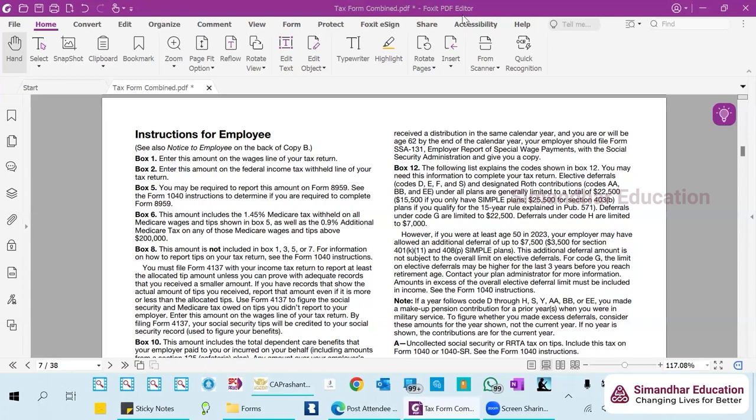Second, it will help you become a good practitioner. Let me tell you one simple thing. We are not here to just pass the exam, right? We want to make ourselves better tax professionals.